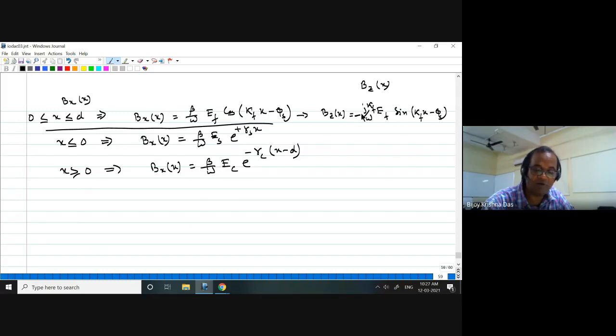Cosine derivative is equal to minus sine, and this is the value you will be getting for bz of x. And in the substrate region, you will be getting beta by omega gamma s Es e to the power gamma s x.